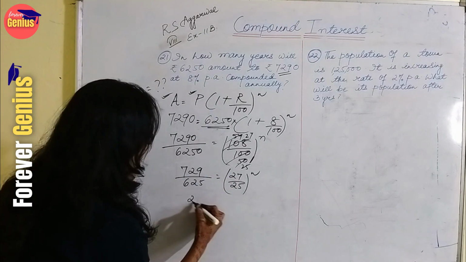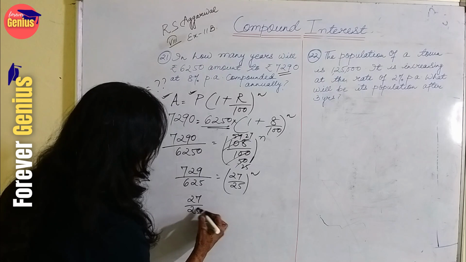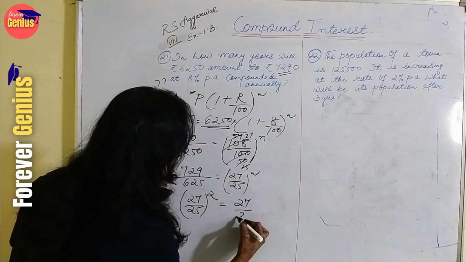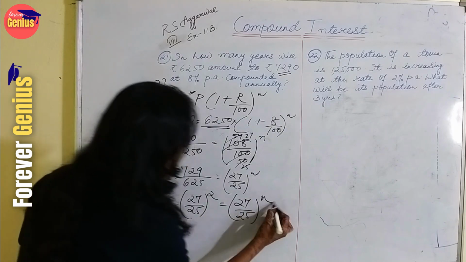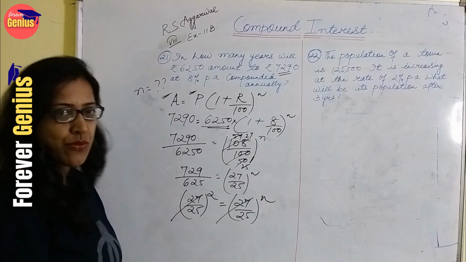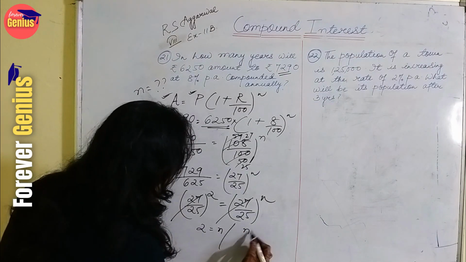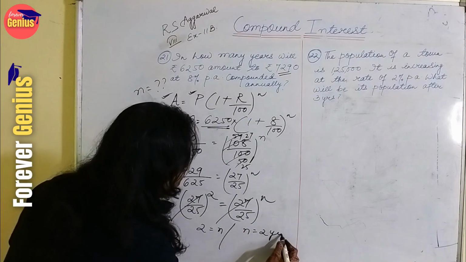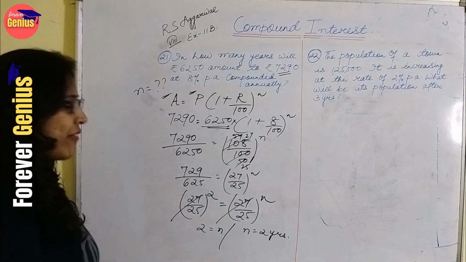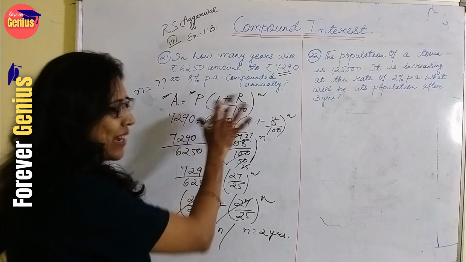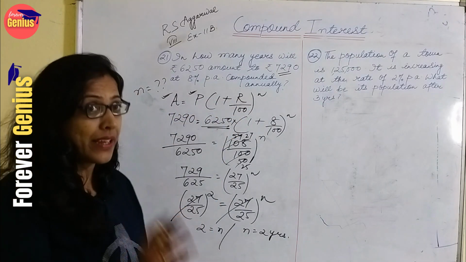So if this is also coming 27 by 25, this is squared and this is (27 by 25) to the power n. Now this is the same, so it is getting cancelled. So 2 is equal to n, or n is equal to 2 years. So this is the way in which we are supposed to do the calculations of calculating the number of years.